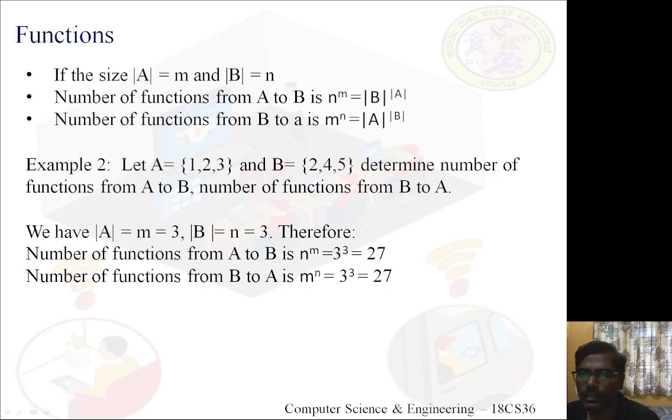Suppose let me assume the size of set A is m and the size of set B is n. Now let me analyze the number of functions that are possible from any domain to codomain.